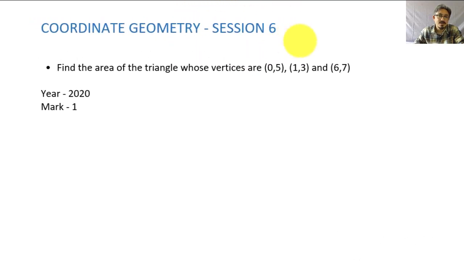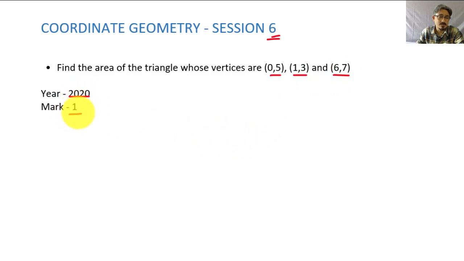The area of a triangle formula was derived in session number 5. Let me repeat again, session number 5, and today is the 6th session. The triangle's vertices coordinates are given, and we have to find the area.